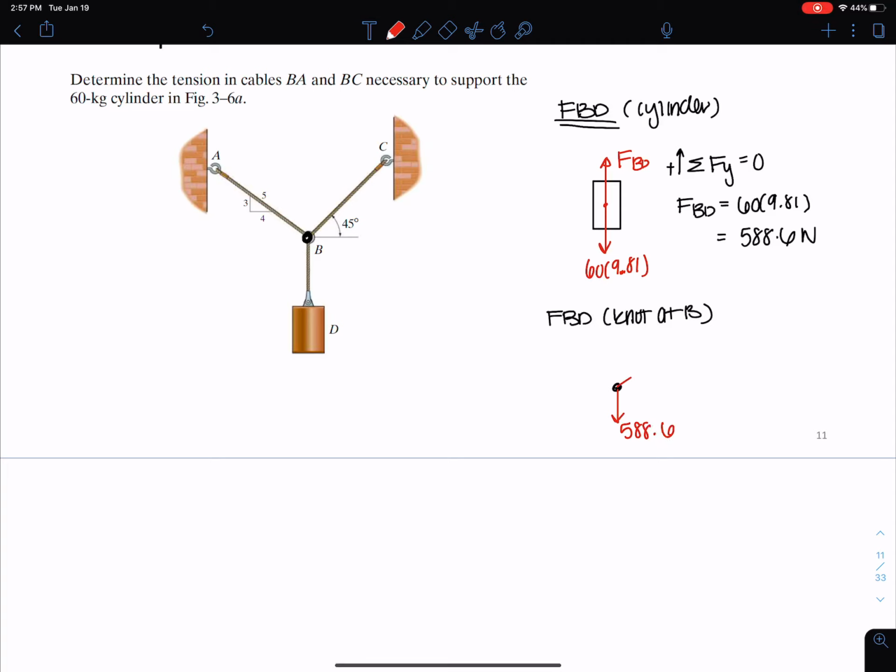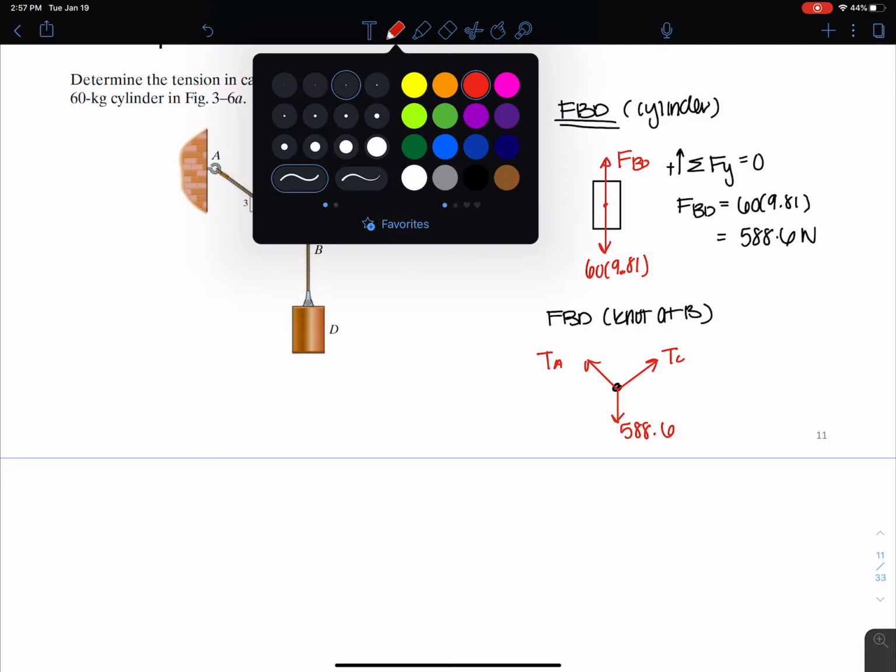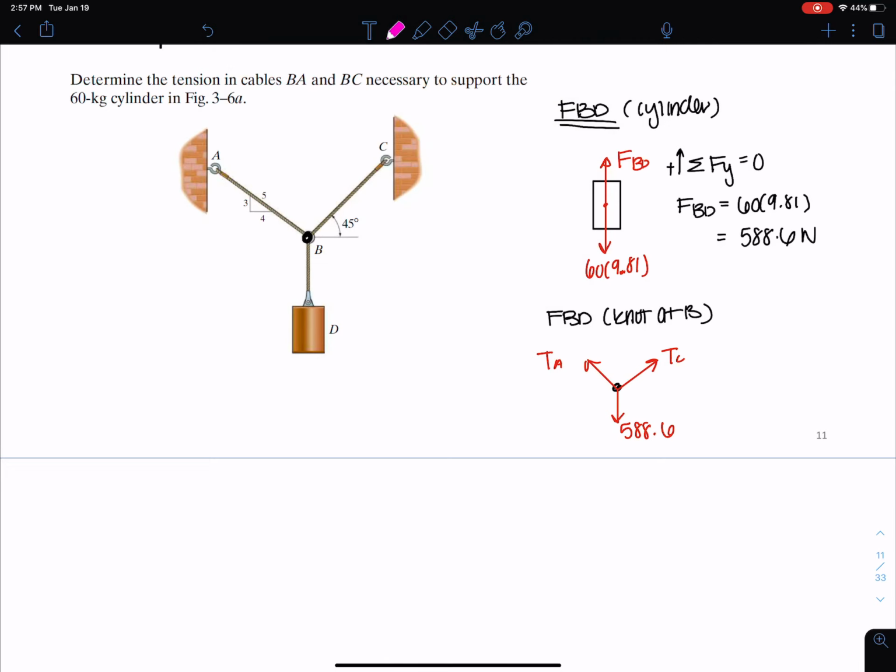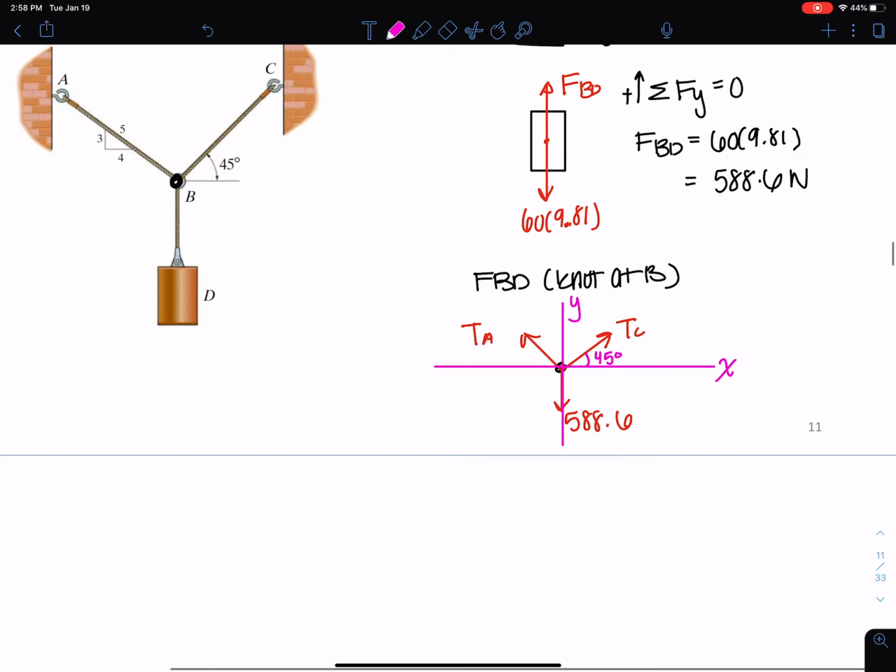Okay, and then I also have a TC or FC, whichever you like to call this. I'm just going to call them TA. You can put any letter there you want. Now I'm going to draw my X and Y axes here so I can resolve everything into their respective components. And they're already giving me in the problem that this is a 45-degree angle, and that the TA force makes a 3, 4, 5 triangle.